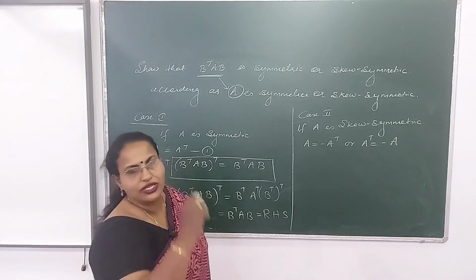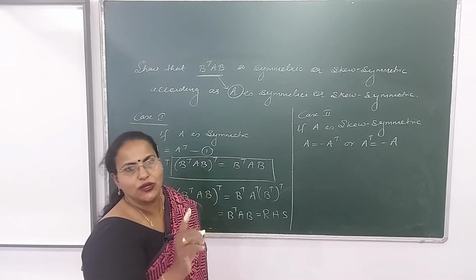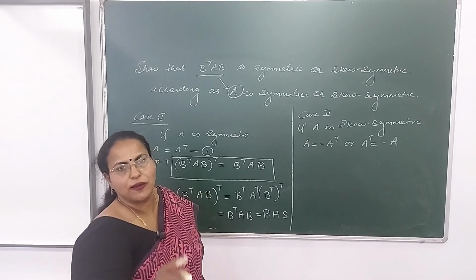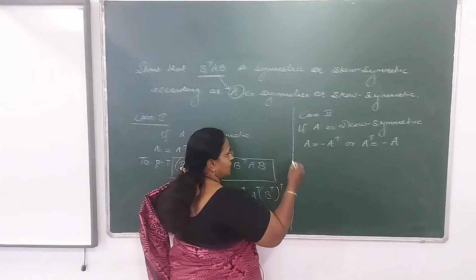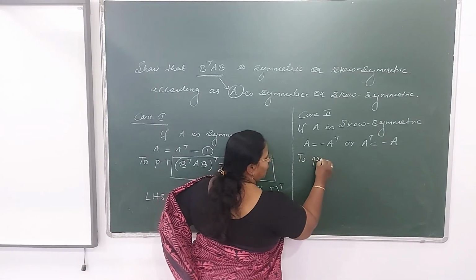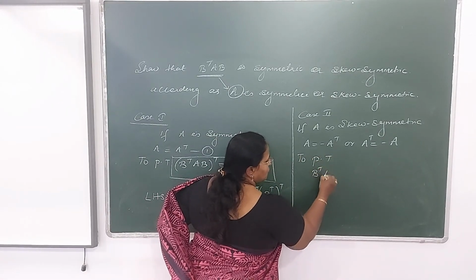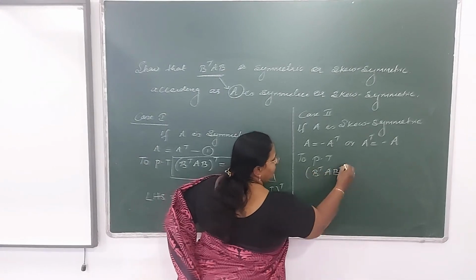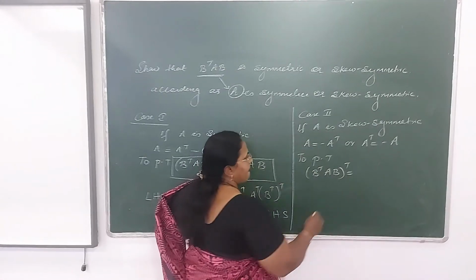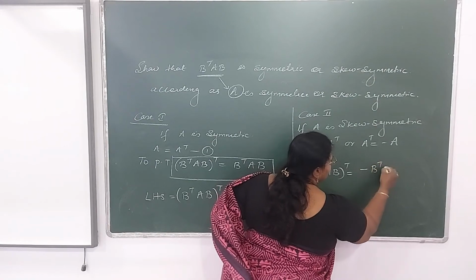And what is the question? If A is skew symmetric, then B transpose AB is also skew symmetric. So here you will have to prove that B transpose AB whole transpose is equal to minus of B transpose AB.